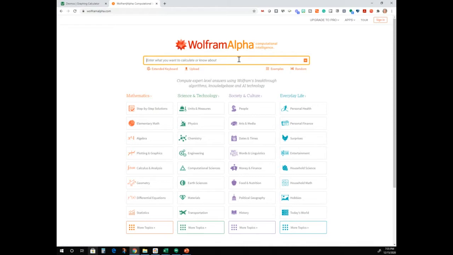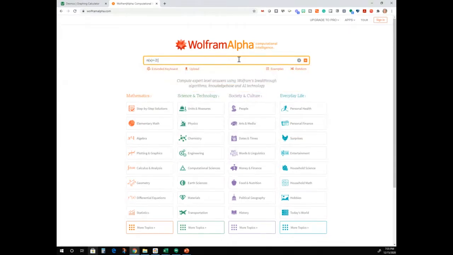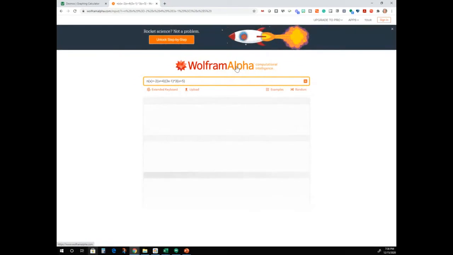You can type in our function here. So let me type it in again. -2, x plus 4, 3x minus 1. To get to the exponent, use the little caret symbol above the 6. Oops, third, not the 6. X plus 5. And then I can hit enter.